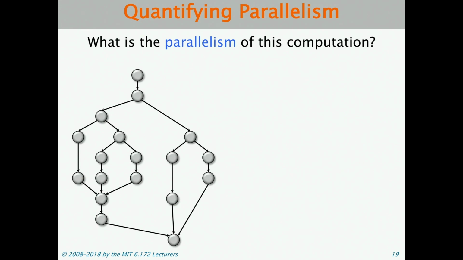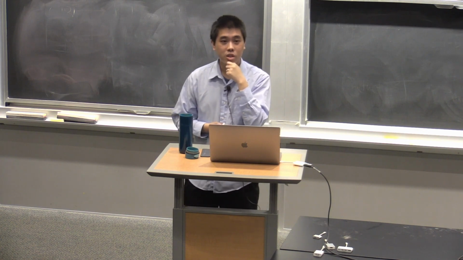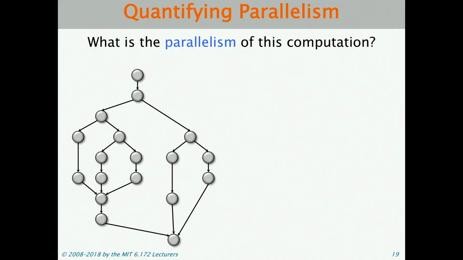OK, so let's try to quantify the parallelism in this computation here. How many of these nodes have to be executed sequentially? Yes. So it turns out to be less than 9. Yes, 7. Turns out to be less than 7.